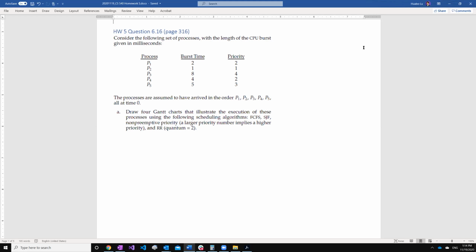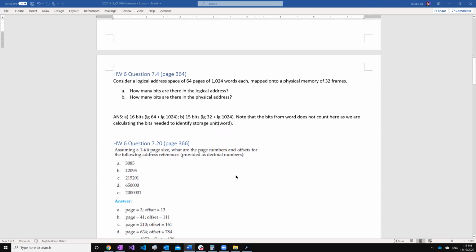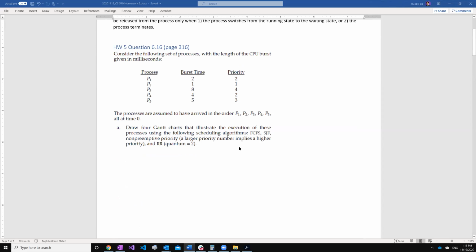Otherwise we will move to the next one, because to me, this one is not very hard. Anyone? First call, do I need to go over this question? Second call? No, so I will say you unanimously approved skipping this question. We can skip that. But feel free to let me know, okay?